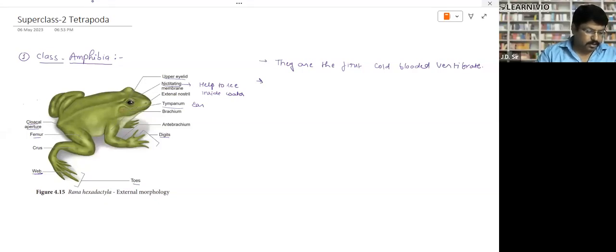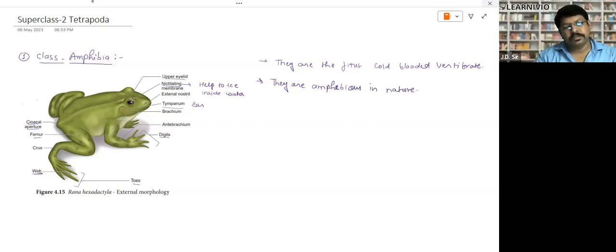Then they are amphibious in nature, meaning found in both, water as well as land.